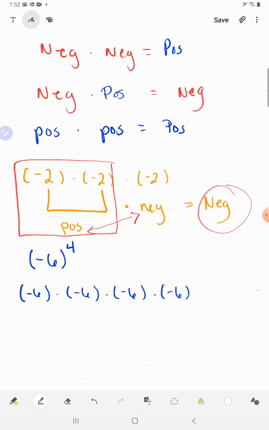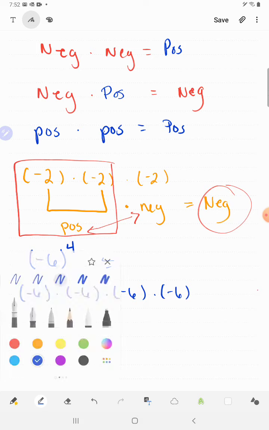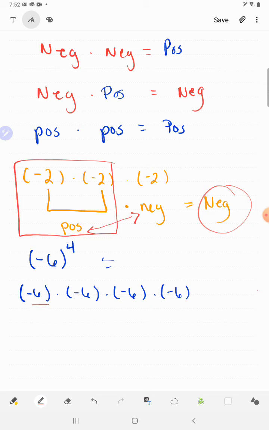I want to know, is this answer positive or is this answer negative? The way that you figure that out is that you combine the signs. So for this, I have a negative and a negative. A negative and a negative make a positive. Over here, I also have a negative and a negative. This makes a positive. So I'm left with a positive times a positive, and my answer will be positive.